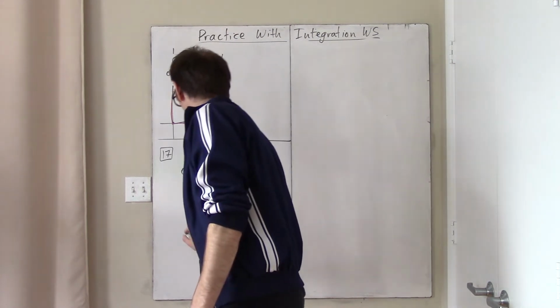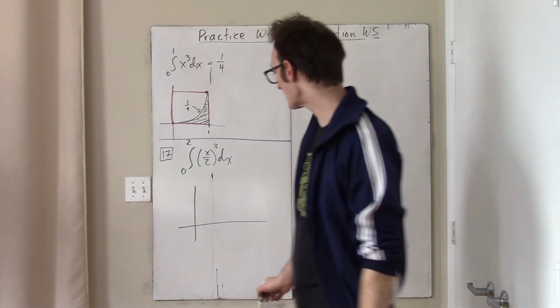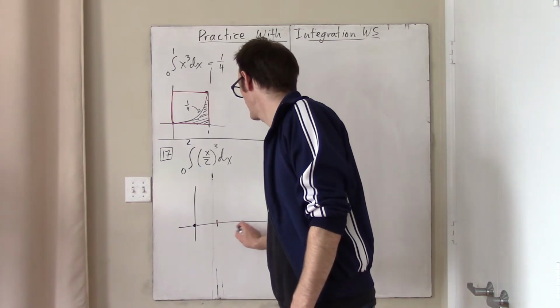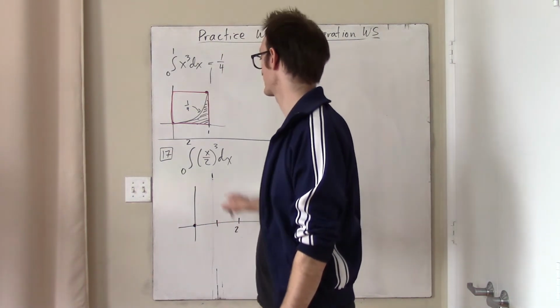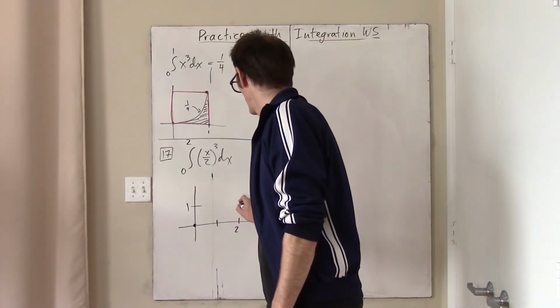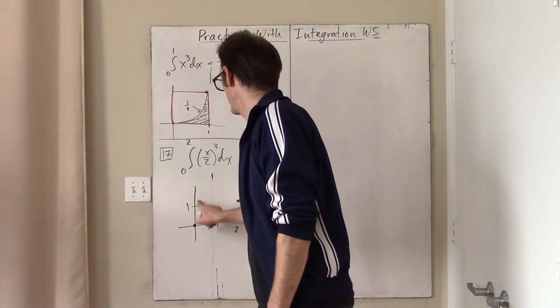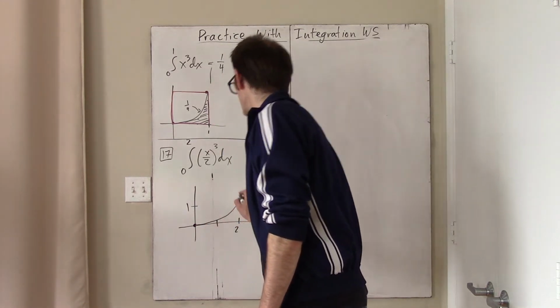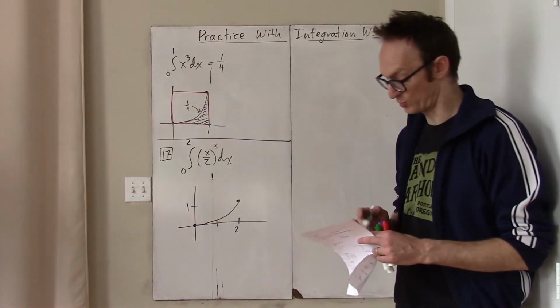And so now we have a new function, which, when I plug in 0, is still 0, but when I plug in 2, I now get back 1. And so what's happened is this whole function has been stretched horizontally by a factor of 2.